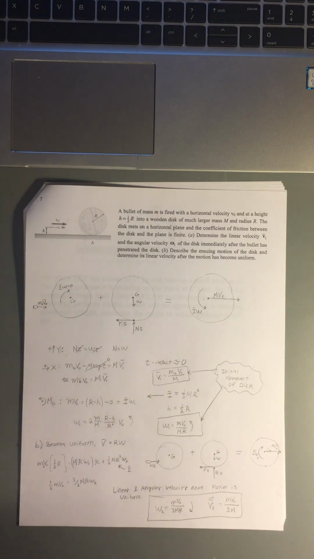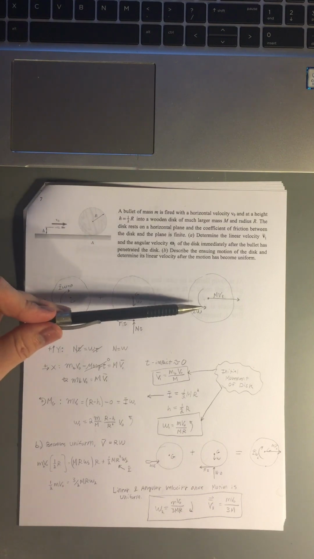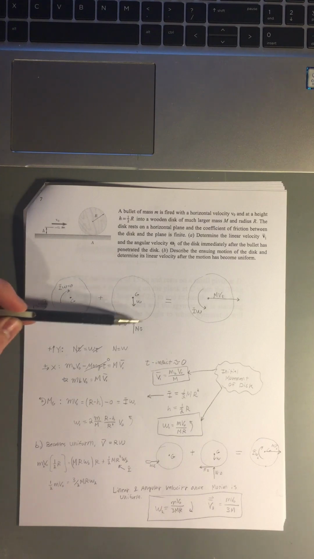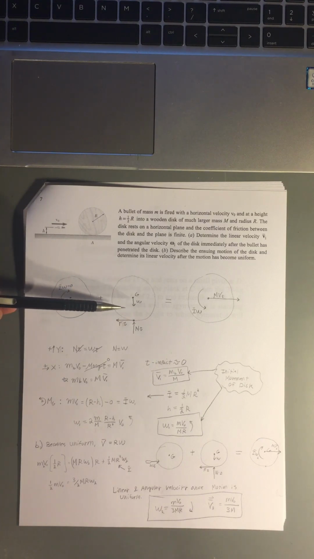And then that has to equal capital M, which is the mass of the wooden disc plus the bullet, times the final velocity of the wooden disc plus the bullet. And so looking at this problem, we know that this impact is really fast, it's instantaneous, and so we can assume that that time is 0. And so this friction force here in our equation we can cancel out and assume is 0, which leaves us this equation here that I've starred.